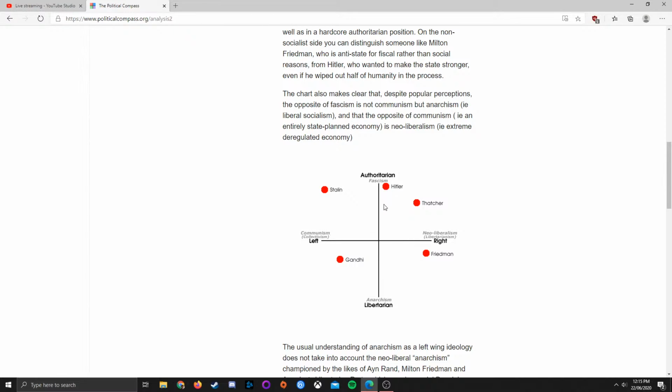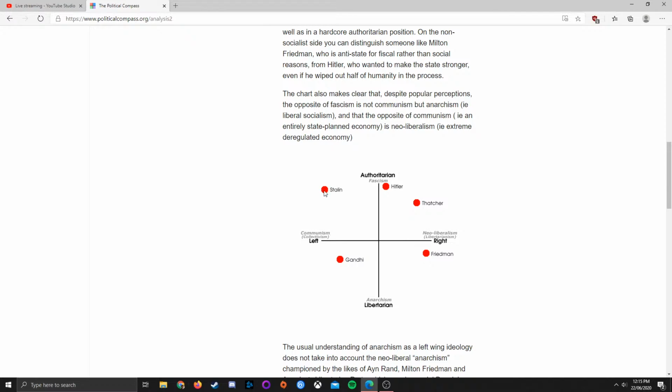On the economic front, the Nazi Party favoured very large state control of sectors. They ramped up military production massively in Germany, and it was all government initiatives that did that. So it's why Hitler probably sits between left and right on the economic scale, versus right up at the top for the authoritarian scale.